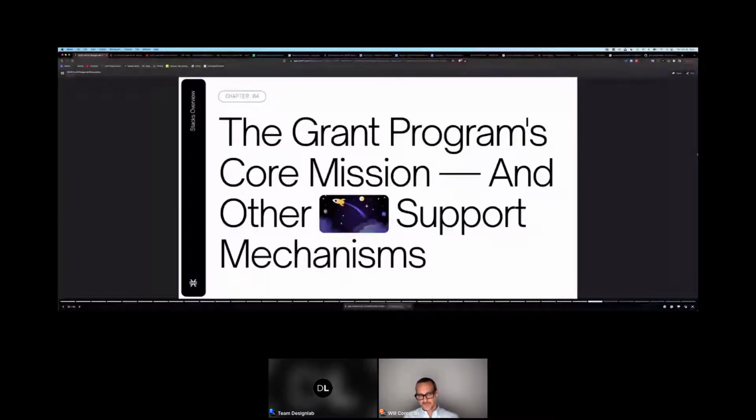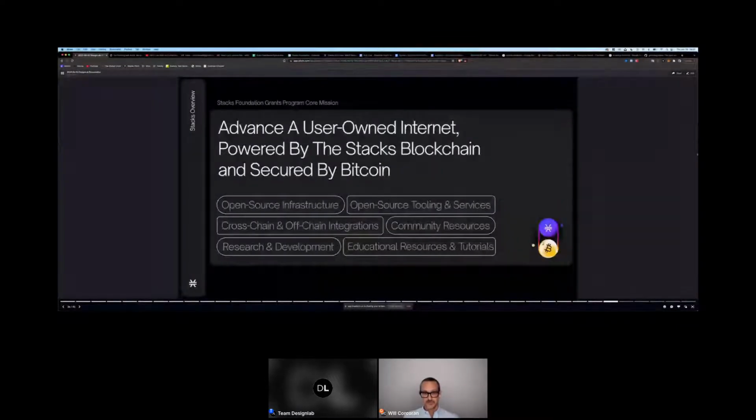Within the Stacks Foundation, the main mission is to support open source development. We want as much of the effort that goes into Web3 and Stacks specifically to be open source so that everyone can benefit from it. That is open source infrastructure, tooling, services, community resources, research and development, educational resources, things like that.